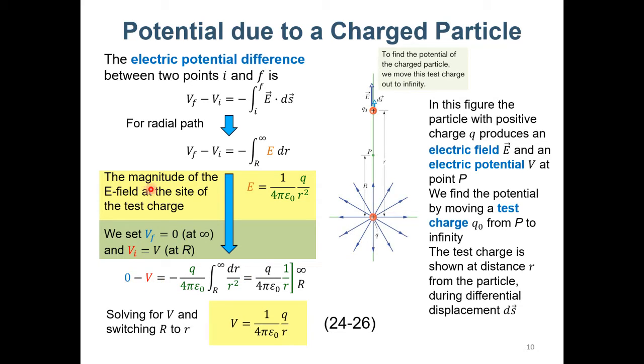So if you just assume Vf to be 0 at infinity and Vi to be V at R, then you have less chance to make mistakes, so for this derivation here, we make this assumption, and then it comes out as a trivial solution. And if you just make it reverse, you can easily make some mistakes here.